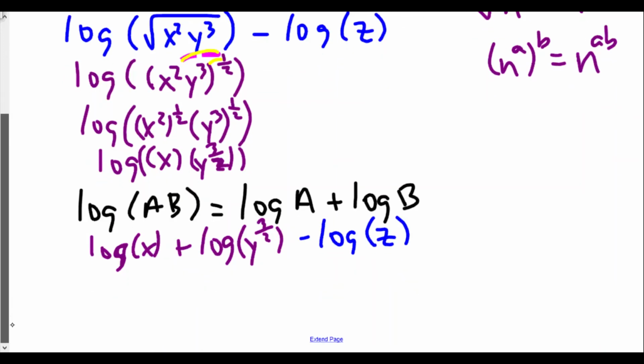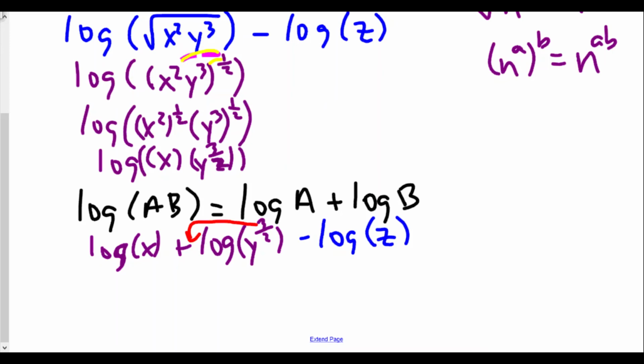And one last thing, we're going to use our power rule to bring this exponent out. When we expand, we want simple logs, which means inside the log is just a single term: no fractions, no exponents, no multiplied terms, just single letters or single numbers.